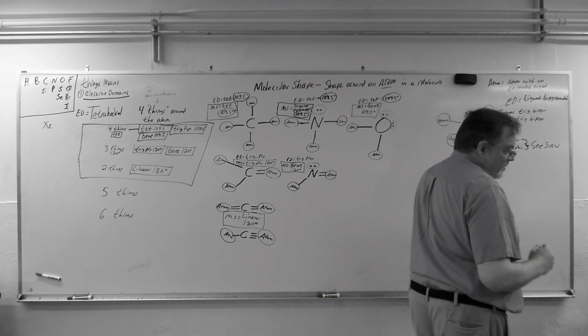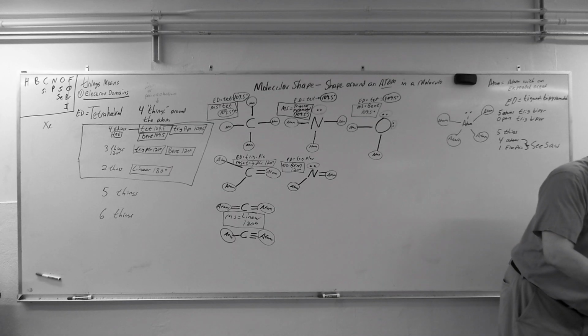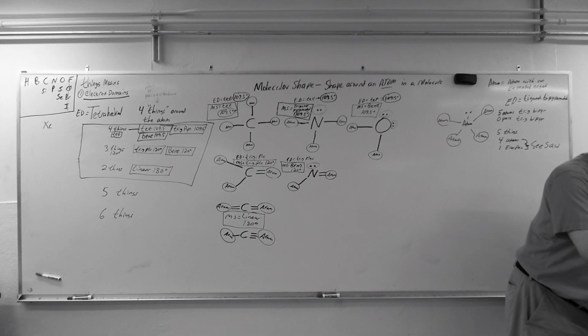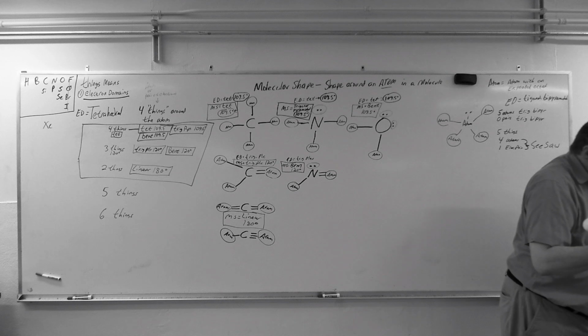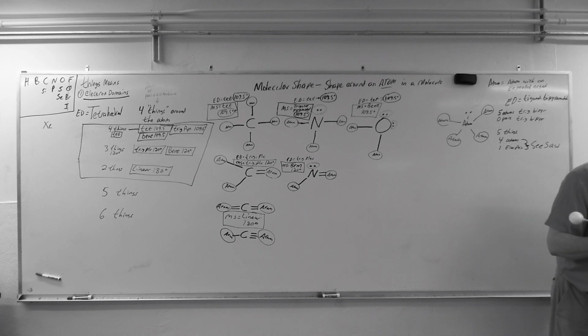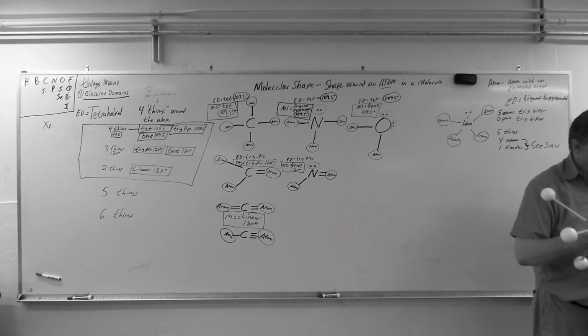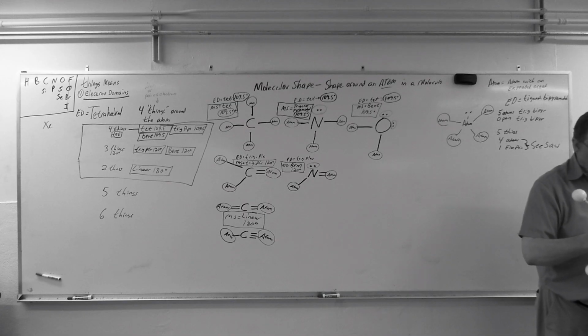Seesaw shape. Here's a twist. I told you there are 2 different positions, and if one of them is missing like that, it comes from the equatorial position.